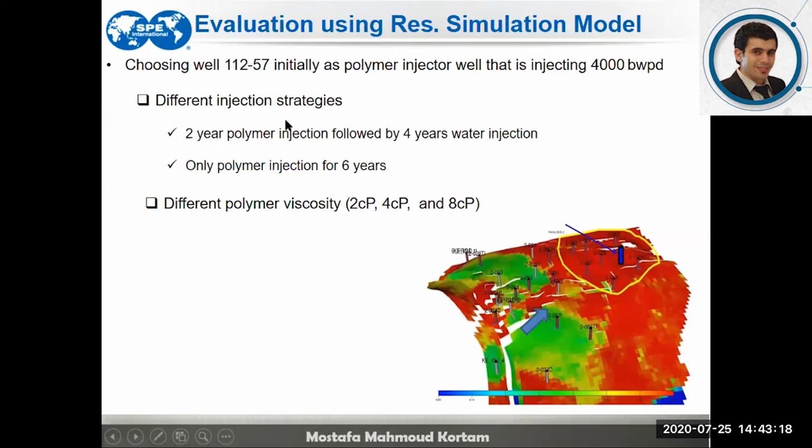For the different injection strategies, we chose 2 years of polymer injection, followed by 4 years of injection, and 6 years of polymer injection. Also, we worked with different polymer concentrations. Remember that the ones we choose are from 8 to 6, so the performance should lie between those two curves.